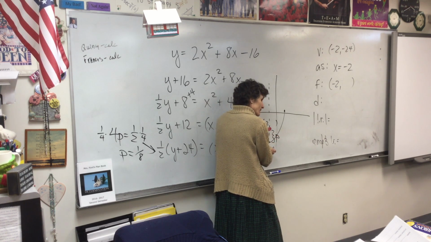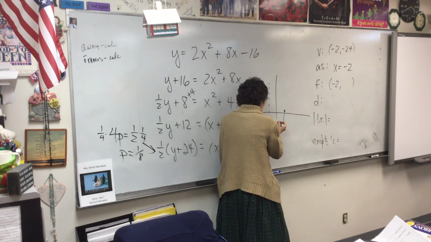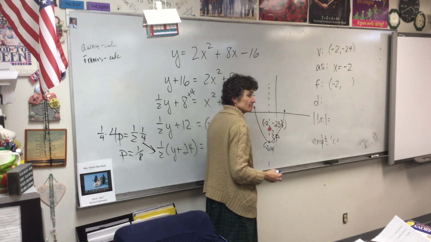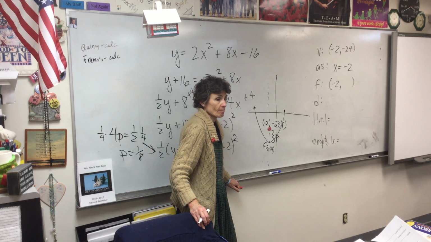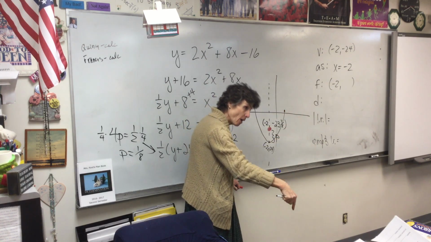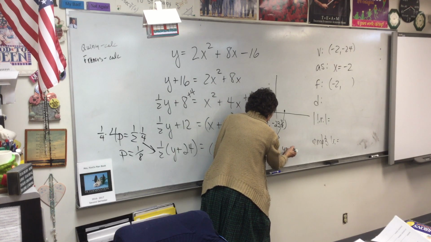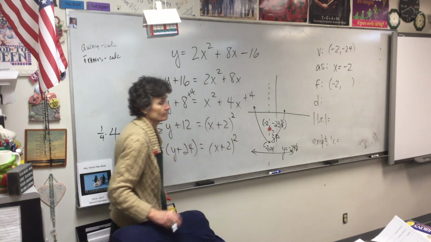So if I'm at -24, and I go up 1/8, where am I going to be? -23 and 7/8. Yeah, that makes sense. The directrix, I'm going to go down 1/8. So it will be y equals -24 and 1/8.